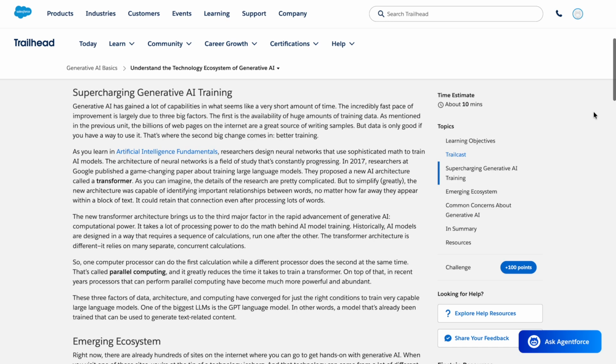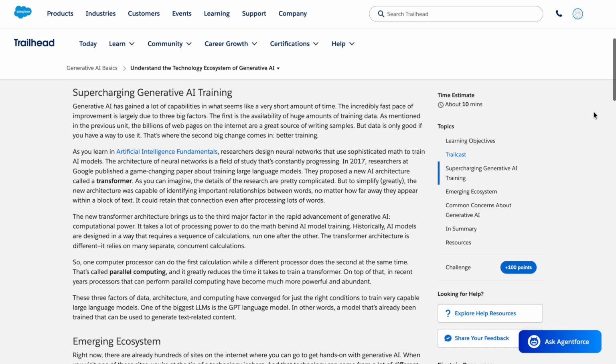It relies on many separate concurrent calculations. So, one computer processor can do the first calculation while a different processor does the second at the same time. That's called parallel computing, and it greatly reduces the time it takes to train a transformer. On top of that, in recent years, processors that can perform parallel computing have become much more powerful and abundant.